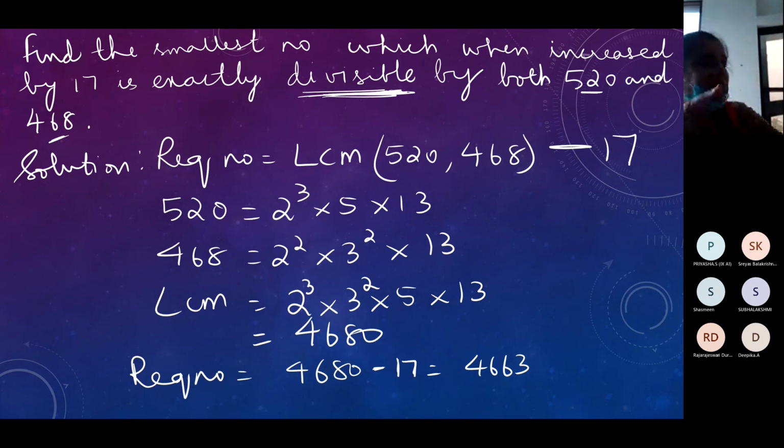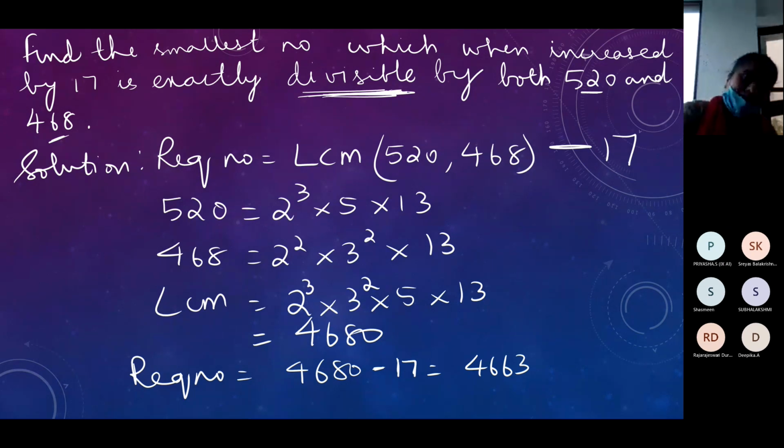Now what did you do? You manipulated that LCM. You reduced it by 17, so now it is not divisible. Now when you add 17 to this number 4663, you will get the LCM, which is divisible by 520 and 468. See, the question is to find the smallest number which, when increased by 17, should be divisible.